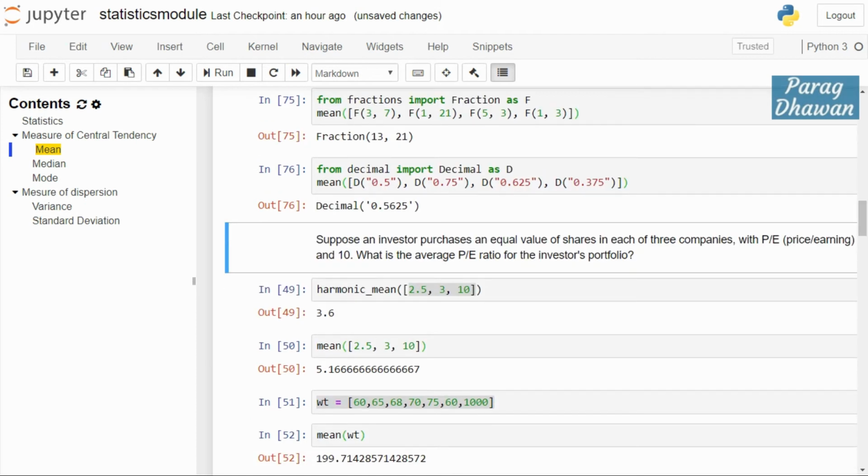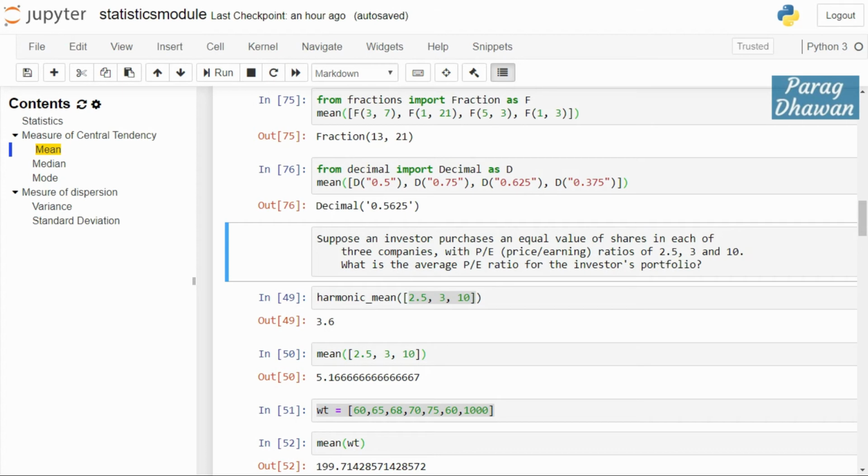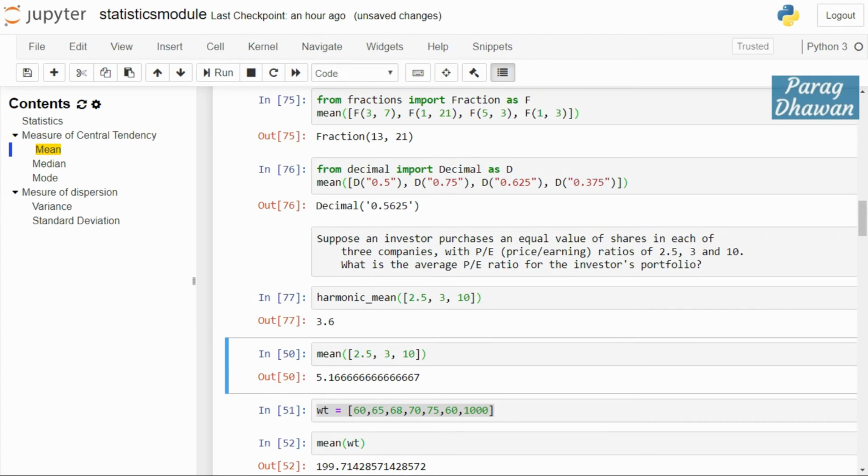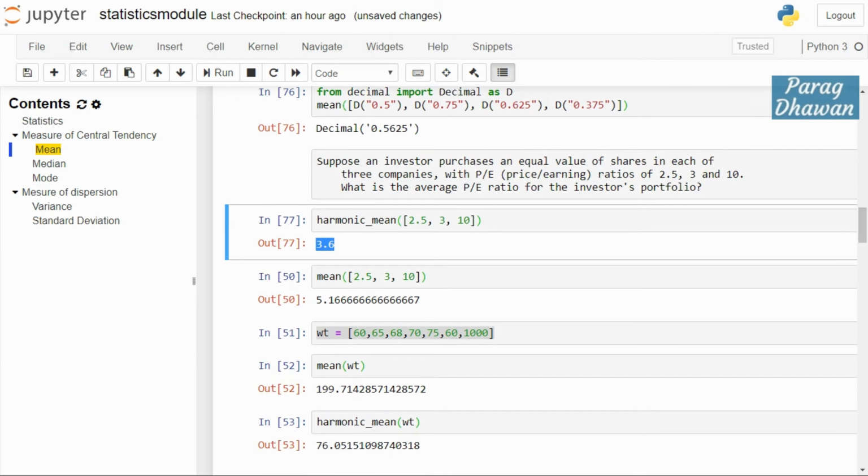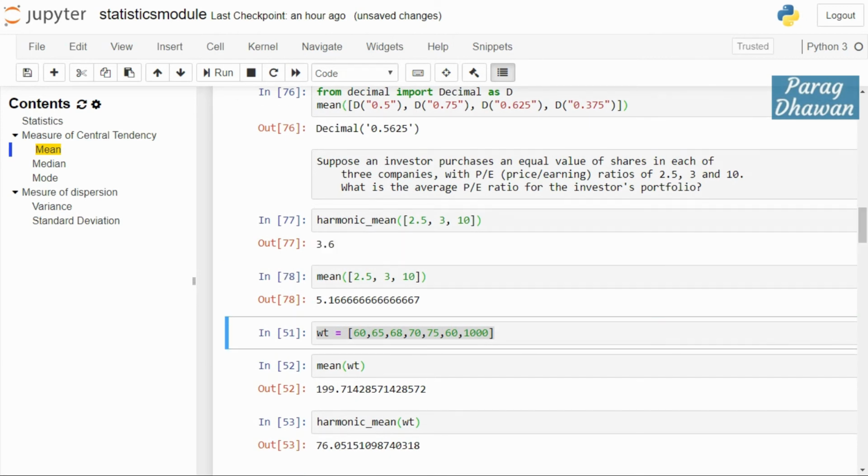In this case you have three ratios, 2.5, 3, 10, which are price to earnings ratios. If you compute the harmonic mean of those ratios, you get the output 3.6. If you compute the mean of those ratios, it gives a value of 5.166, which is a higher value as compared to the representative value, which should be lower.